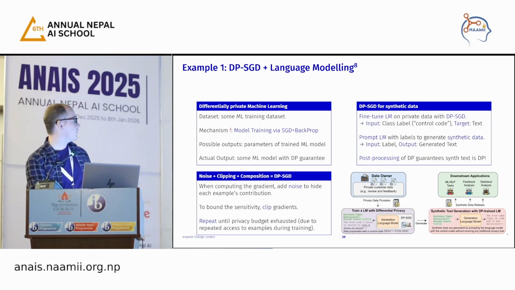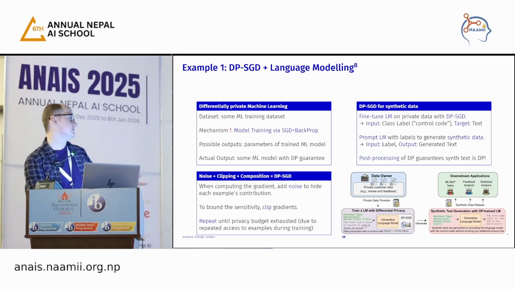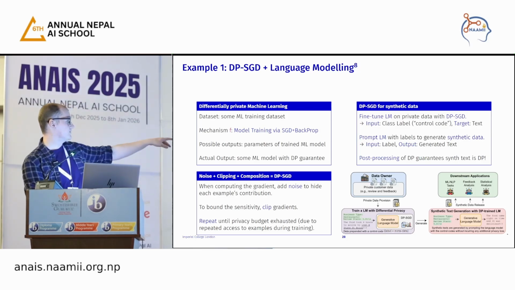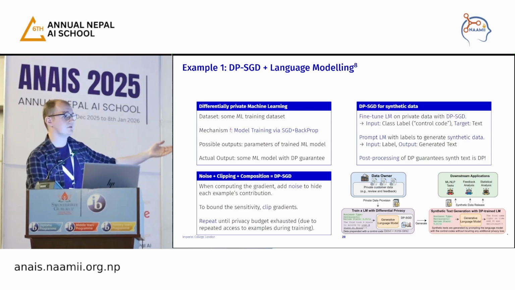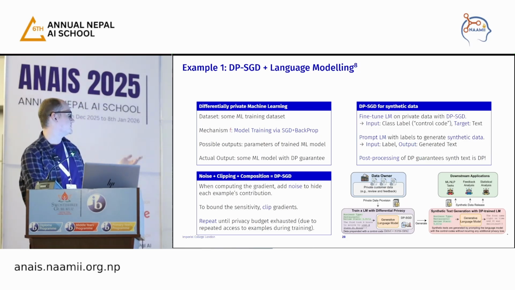So we train a model on this kind of objective, and when we have finished training the model, we generate our synthetic data. Again, the model is differentially private, so whatever comes out of the model is also differentially private. We just prompt it with the labels that we want to generate the data for, let's say positive, negative, neutral movie reviews, and then we let it generate the text.